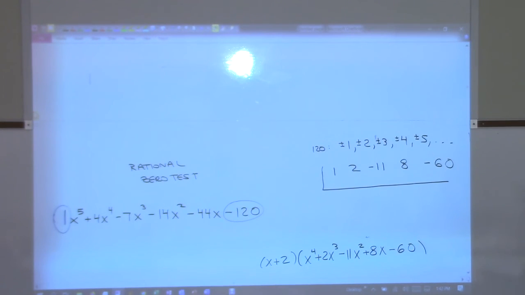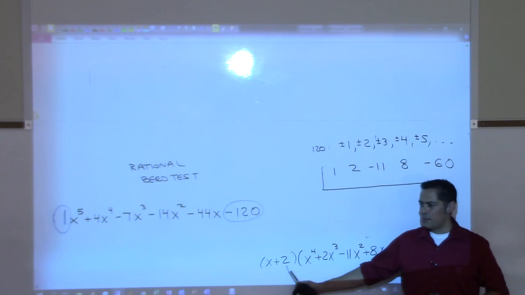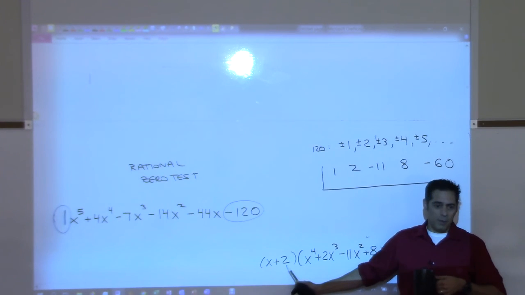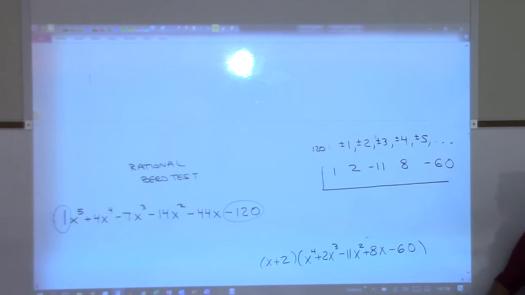If I've done 1, negative 1, 2, and negative 2 is the first time it worked, then what number would I start with now? Start with negative 2 again, because you could have a double factor. You could have x plus 2 be a multiple factor. So you start with negative 2 again. Now it's not going to work, okay? The next one that works, I believe, is negative 3.